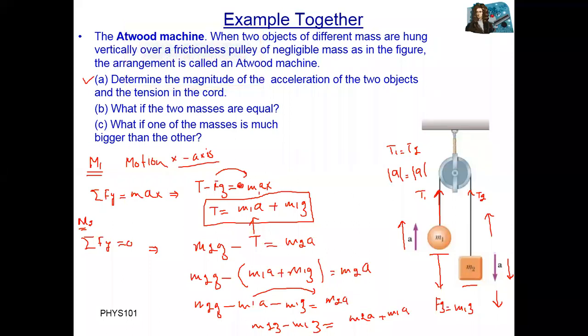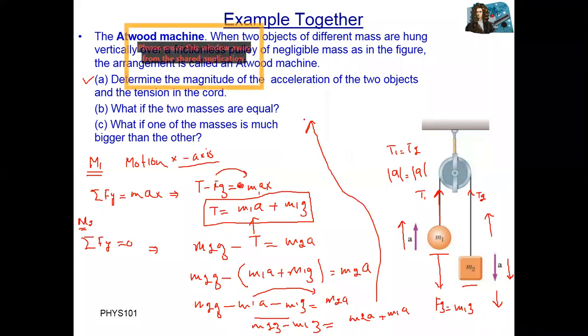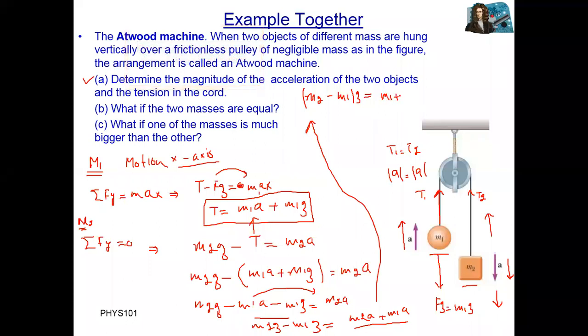Correct? From the right side, if we take g common, we have m2 minus m1, times g. From the left side, m2a and m1a, what is common? The common factor is a, so we can write m1 plus m2, times a. Because in addition, m2 plus m1 or m1 plus m2, both are equal.